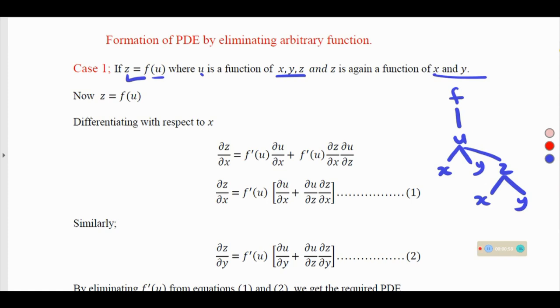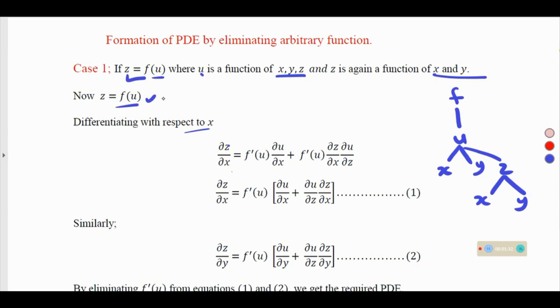But how best can we form a partial differential equation in such a case? We shall first of all let z be f of u, and as we have said, u is a function of x, y, and z. So we take the partial derivative of z with respect to x.